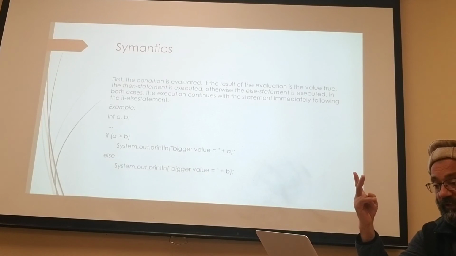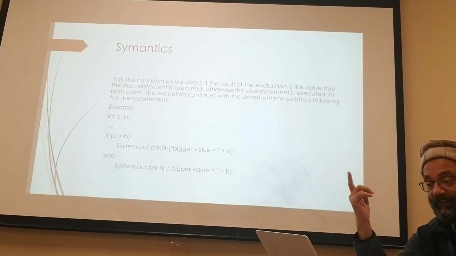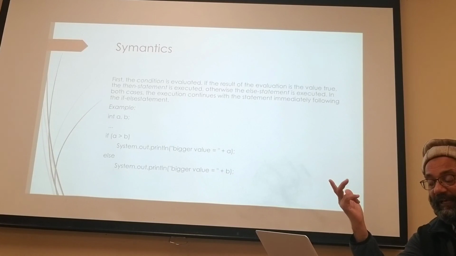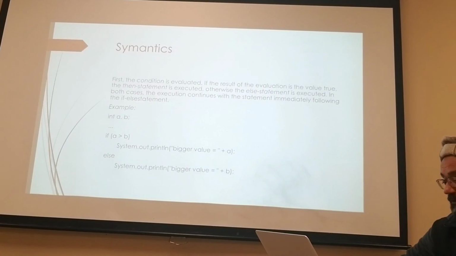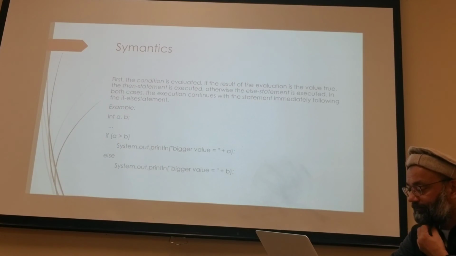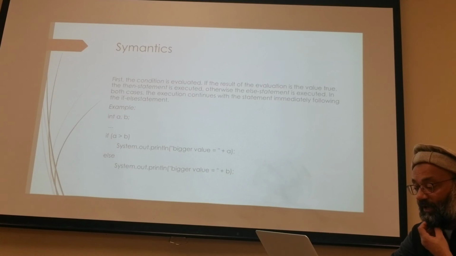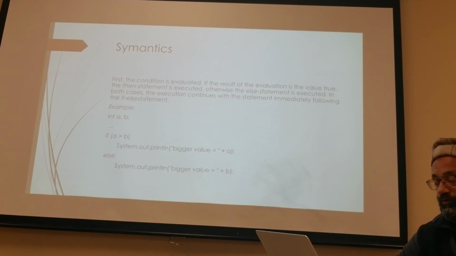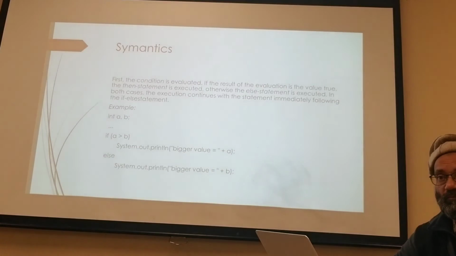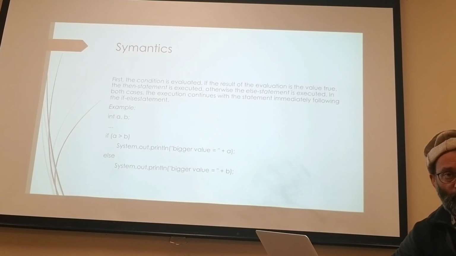We create two variables, int A and int B. We don't have a lot of time, but we'll try to see what we can do. Just like before, define two variables and assign a value to each of them. And then write this code.